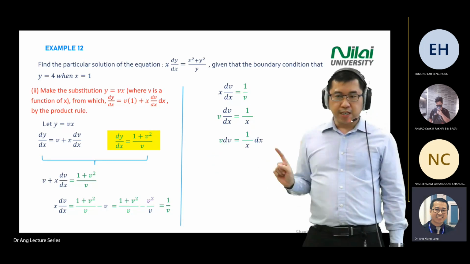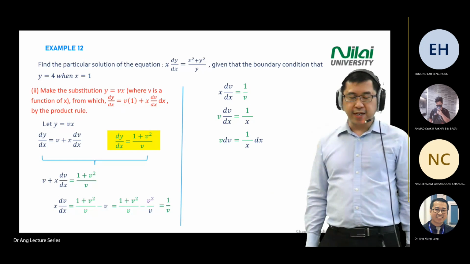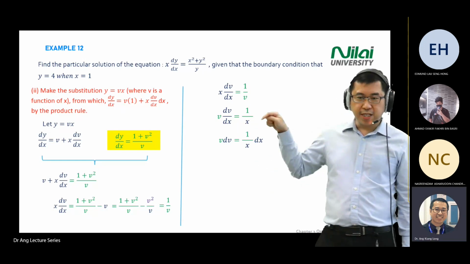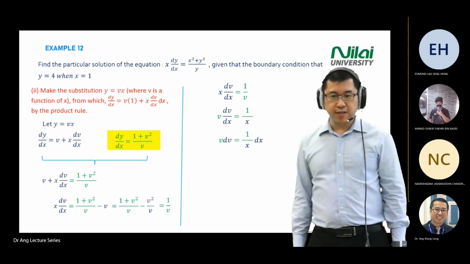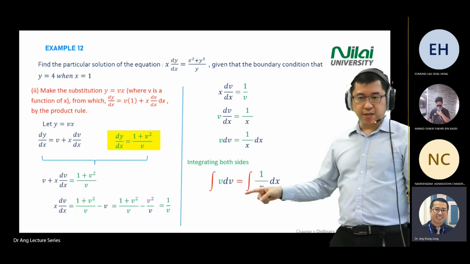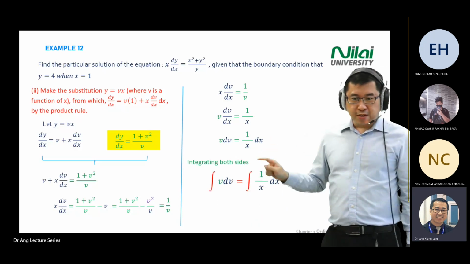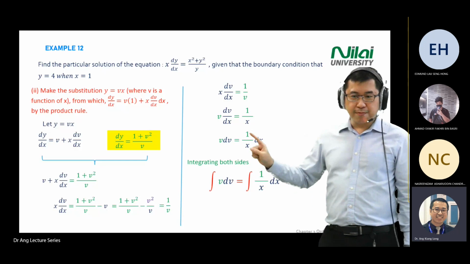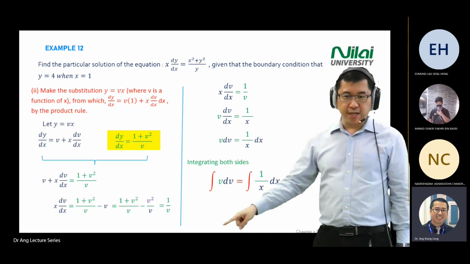Put it in this form, v on one side, x on the other side. Again, when you see dv and dx, what do you do? Integration. Don't need to think. You see dv something, dx something, automatically integration.